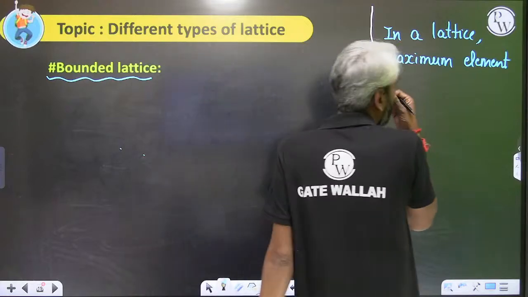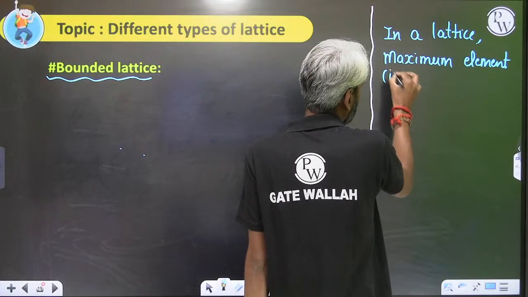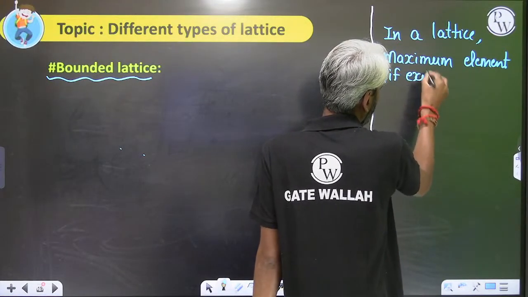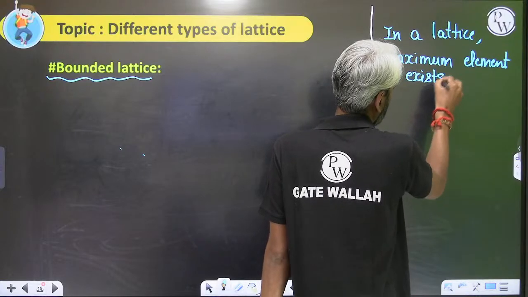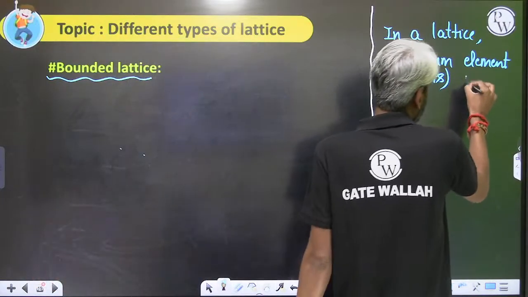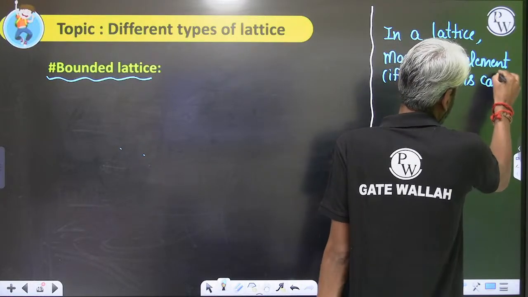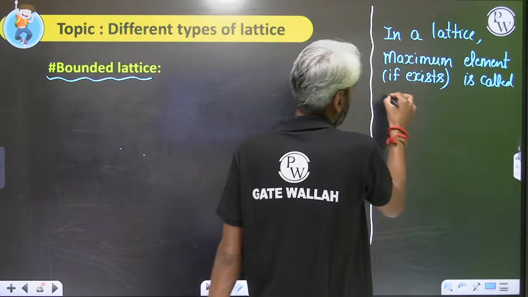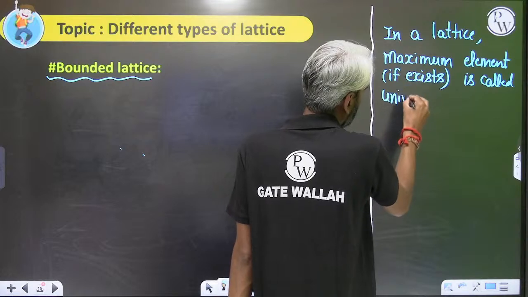The maximum element, if it exists, is not necessary to exist. In a lattice, the maximum element, if it exists, is called the universal upper bound of the lattice.